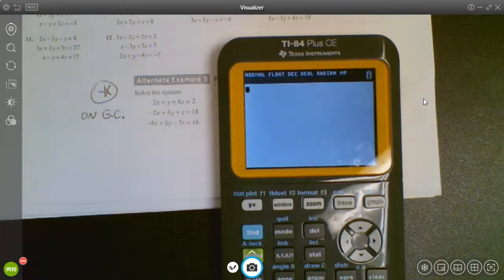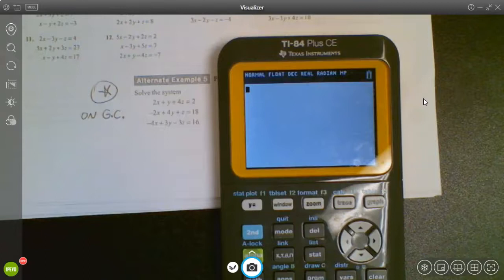If all of your variables canceled, you'd be left with only numbers. If the statement you were left with was true, such as 0 equals 0, or 5 equals 5, or 16 equals 16, then it was infinitely many solutions.